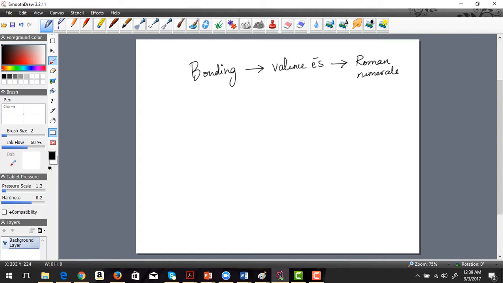So, there are 2 types of electrons. One is bonding electrons, meaning electrons that are involved in a bond, and then there are lone pairs of electrons, which are not involved in bonding.